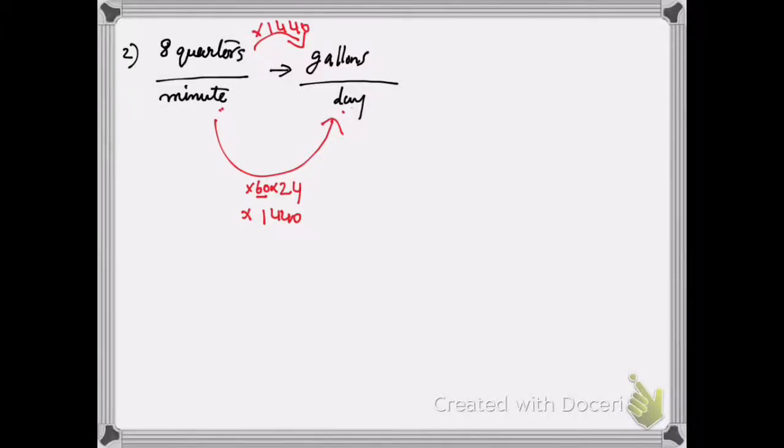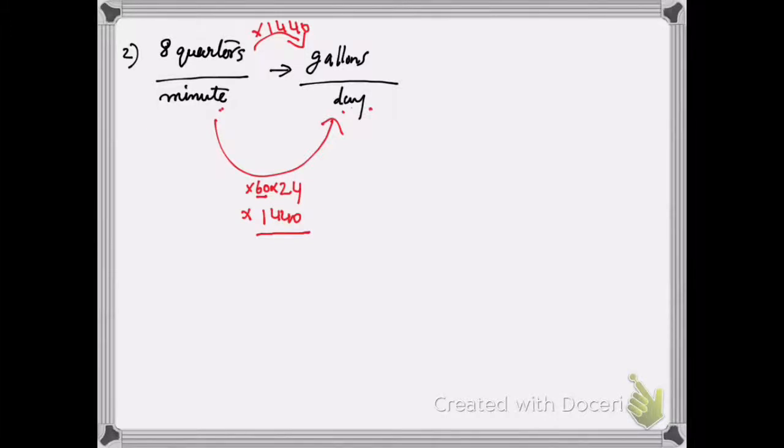Sorry, let me take a step back, okay? So think about this. 1 day has how many minutes? That's what you want to find out. 1 day has 60 times 24 minutes, which is 1440 minutes.